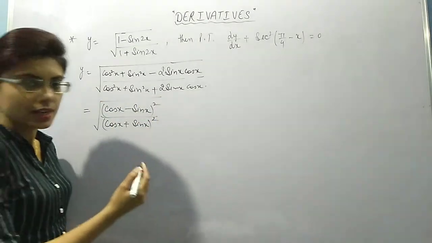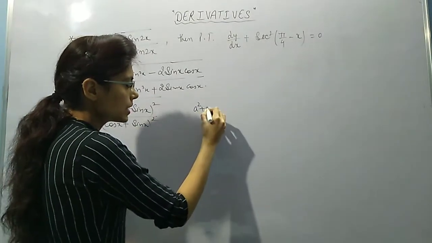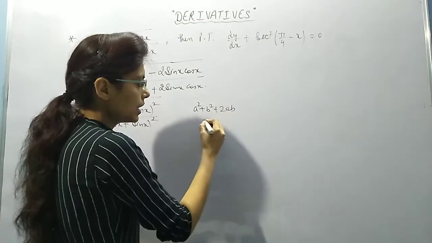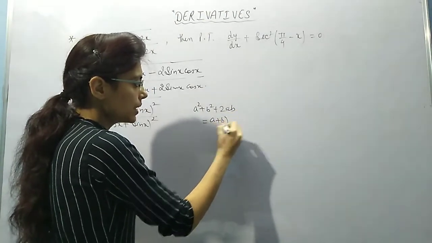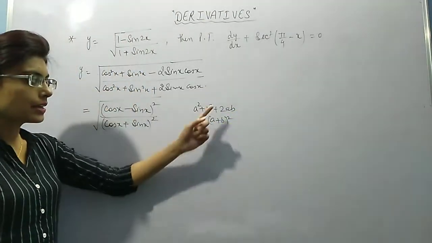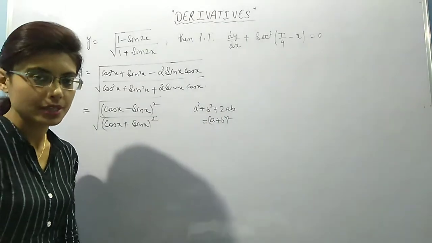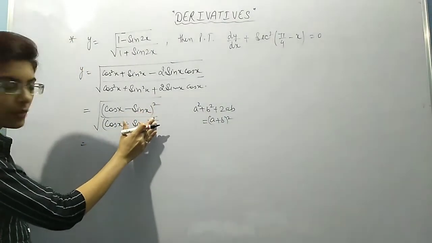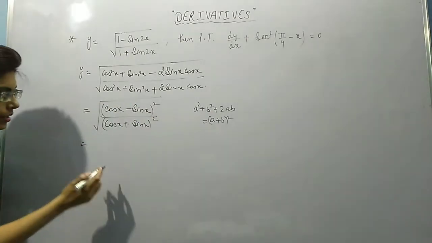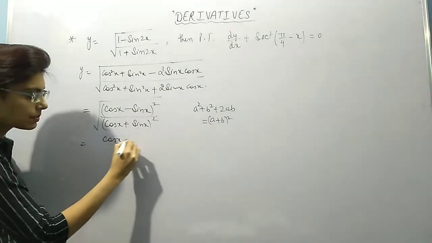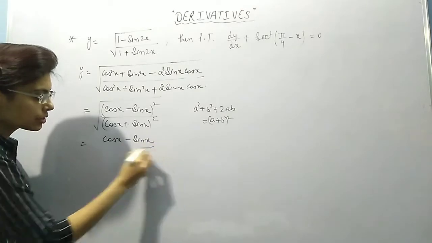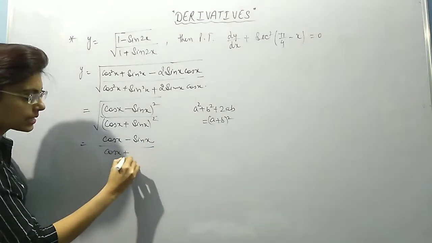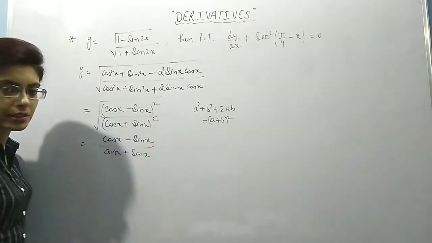Here we have applied the identity that a square plus b square plus 2ab is equal to a plus b whole square, and when there is minus, obviously there will be minus. Now taking this square common, it will be cancelled with the whole root. So what is left? Cos x minus sin x over cos x plus sin x.